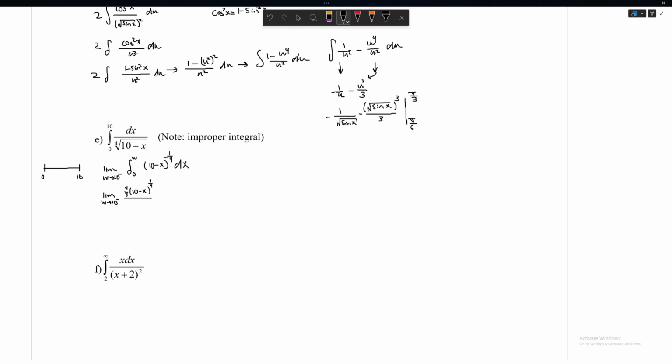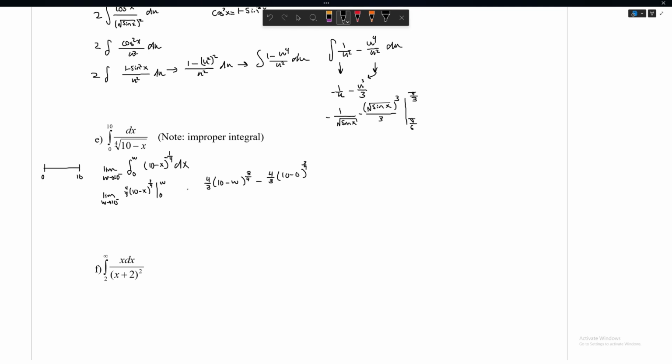And you divide it all by the derivative of the inside, but that's just 1, so I'm not going to write it. Okay, now I still got to take my integral from 0 to w. So you got to sub it in. I got 4 over 3, 10 minus w, to the 3 over 4. Then minus my 4 over 3, 10 minus 0 to the 3 over 4.